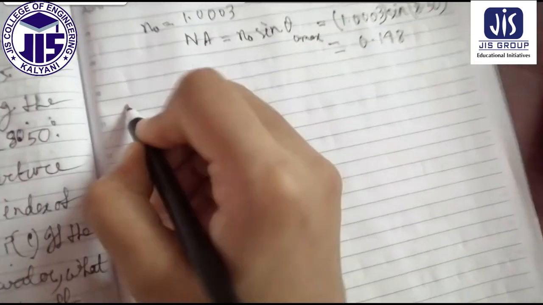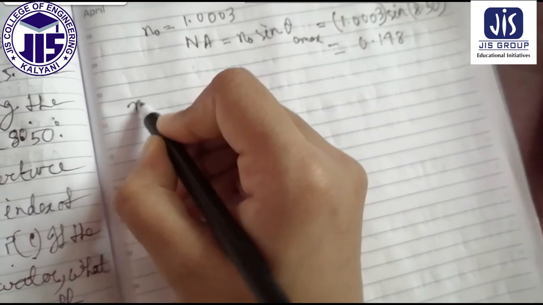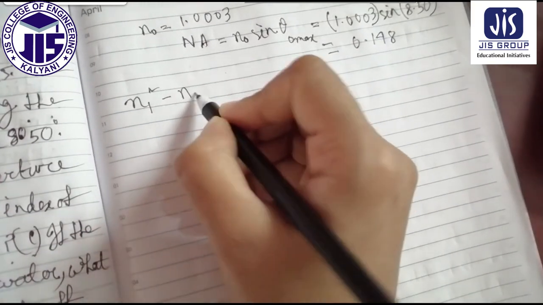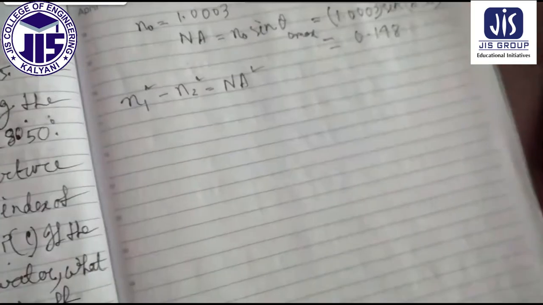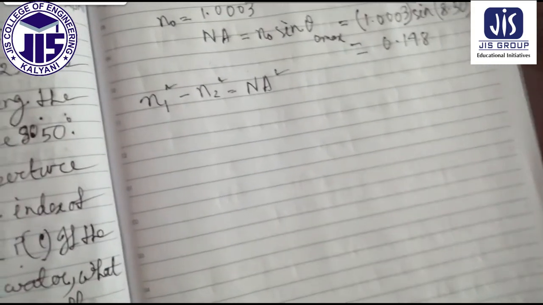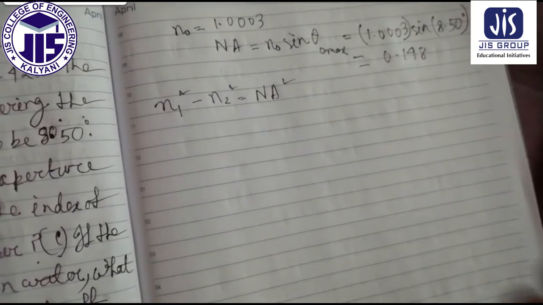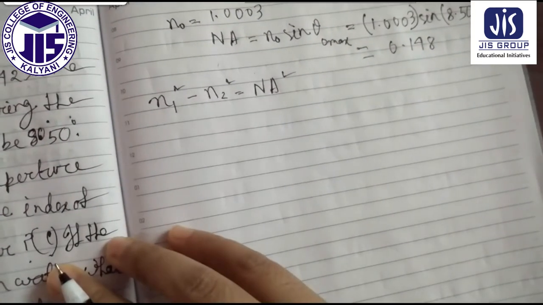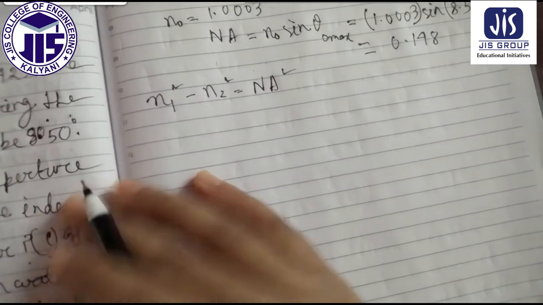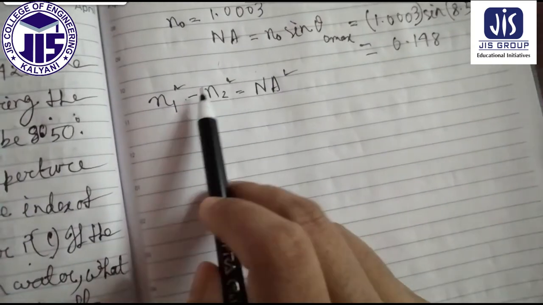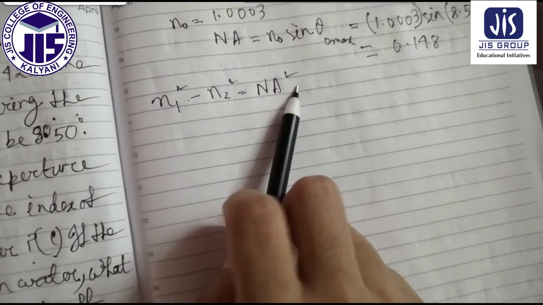Now the next one is n1 square minus n2 square equal to NA square. This is the numerical aperture formula. We already derived it in the last class. n1 square minus n2 square equal to NA square.